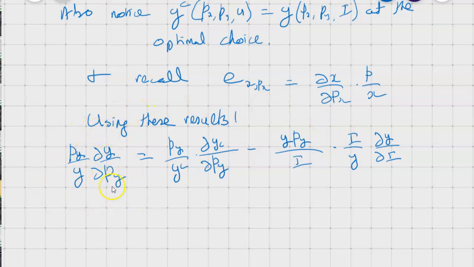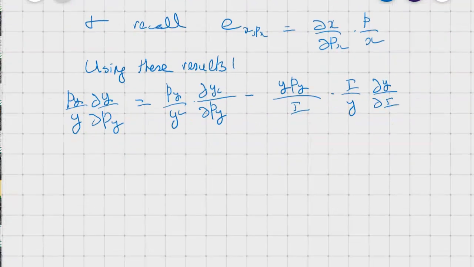This expression is nothing but the price elasticity of demand for a good y. This expression is the price elasticity of the compensated demand of y with respect to its own price. This expression is the share in the spending of y by this consumer in total spending. And then this is nothing but the income elasticity of demand of y.